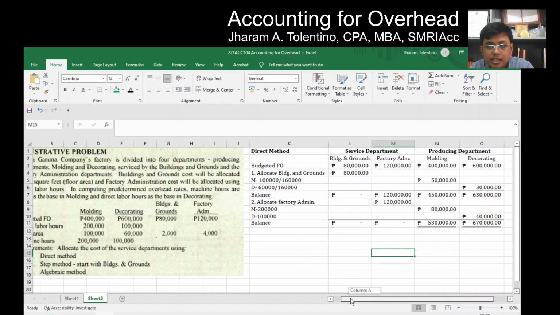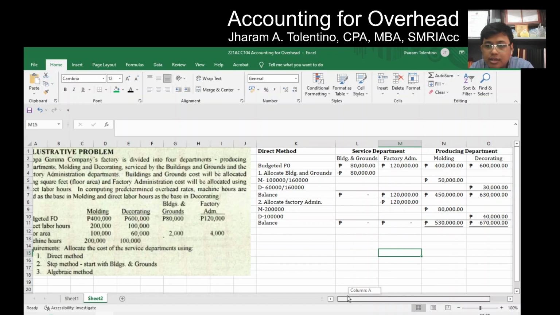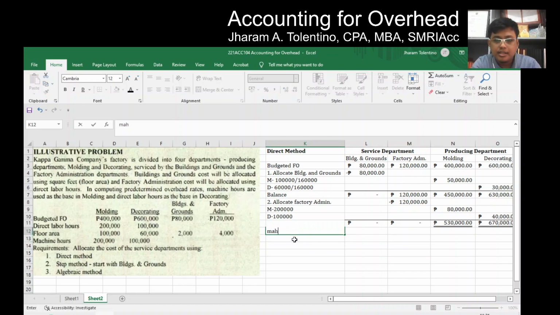Sabi niya, the molding department, baliktad yata. And computing the predetermined machine hours, yes. Ayan. And direct labor. So, machine hours, ilan yung machine hours sa molding department?